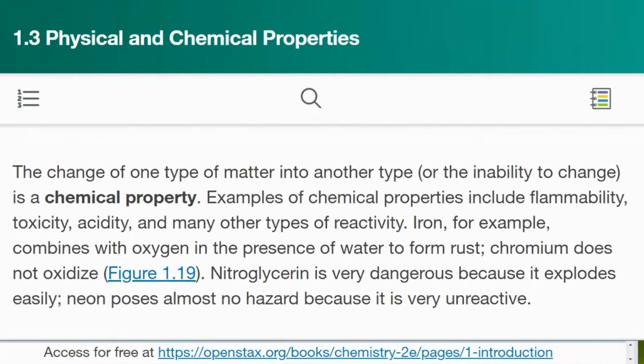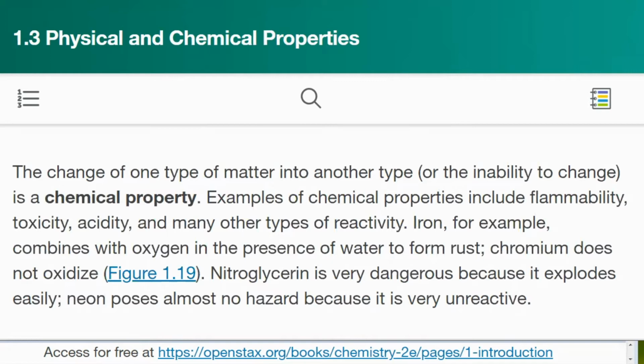No, I think there is a problem with the way they stated it. The change of one type of matter into another type is a chemical change, or the ability of one type of matter to change into another type is a chemical property. So I don't think that's worded quite right. Anyway, let's move on.